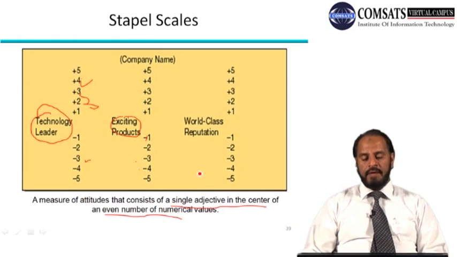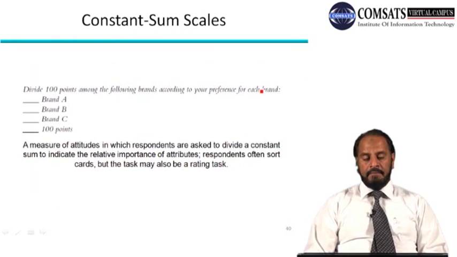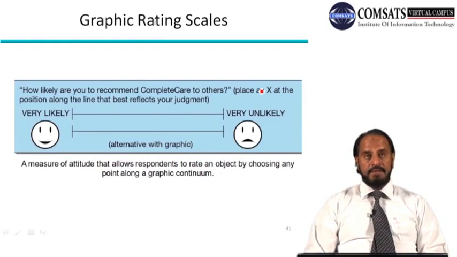Again, a reputation. Your company reputation could be very high to very low, in terms of a -5 to +5. So these are again different types of scales. There are a few others you can find, such as the graphic rating scale.